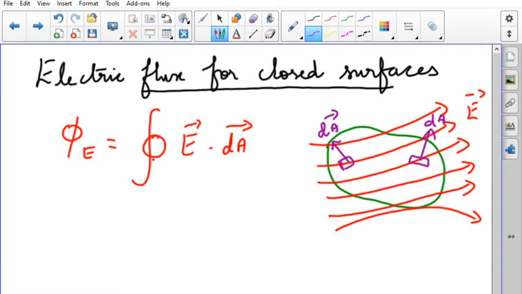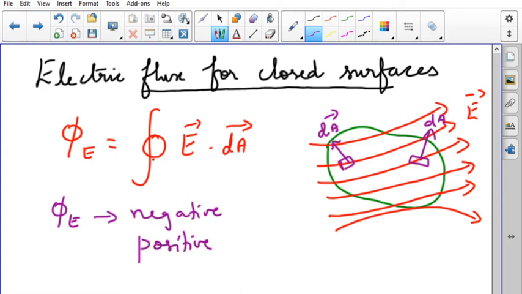So the total electric flux over a closed surface can be negative, positive or 0. So we know already what is electric flux.